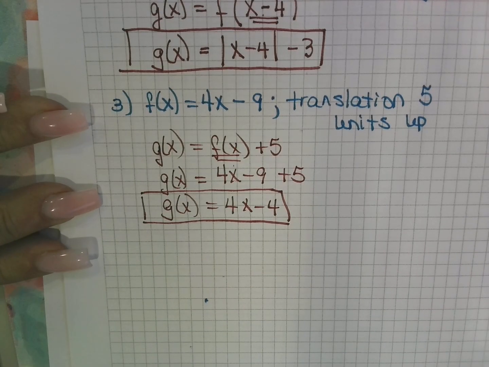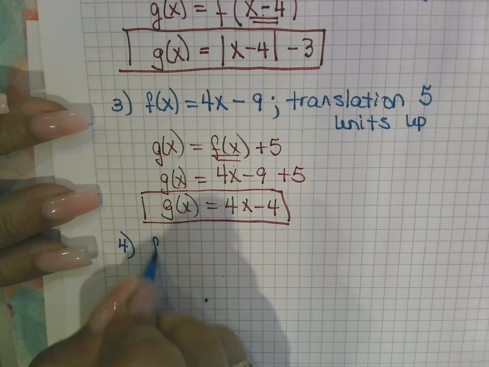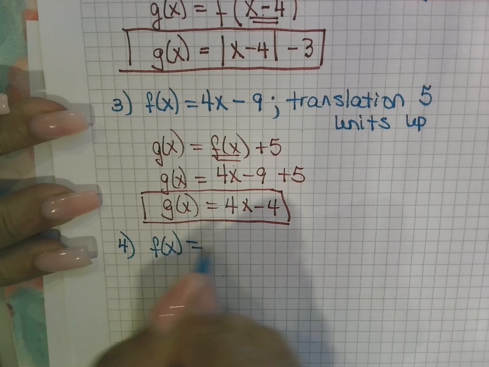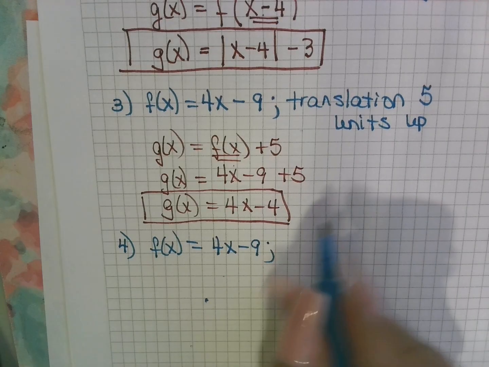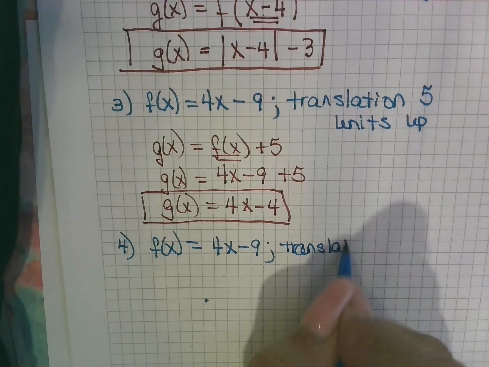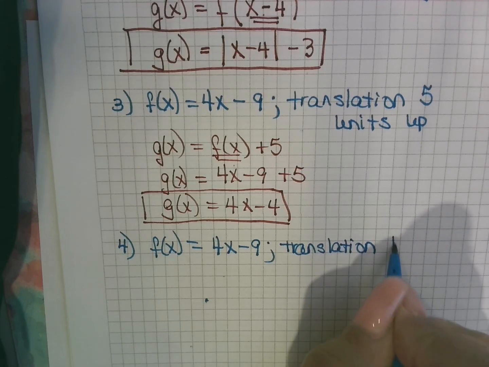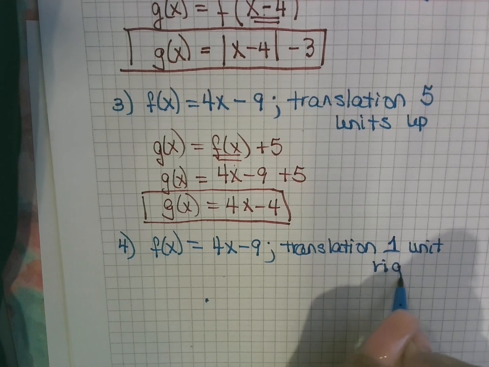Okay, let's take a look at number 4. F of x is 4x minus 9 again, but here I want a translation 1 unit to the right.